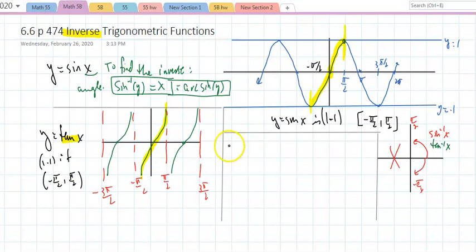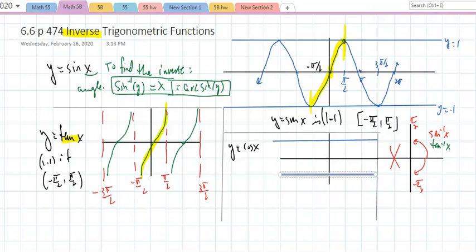And if I do the same for y equals the cosine of x, well, if I look at the graph of cosine of x, y equals 1, y equals negative 1, except the graph of a cosine starts on the amplitude, runs down to the amplitude, back to the starting point.